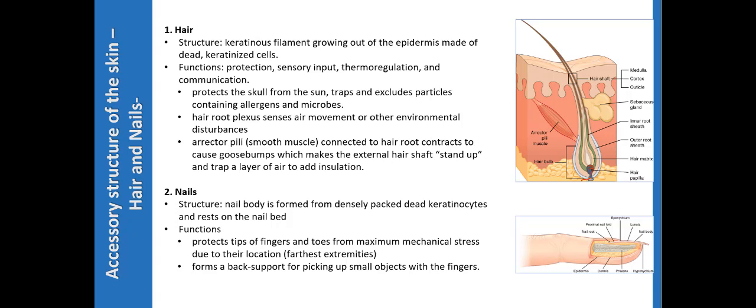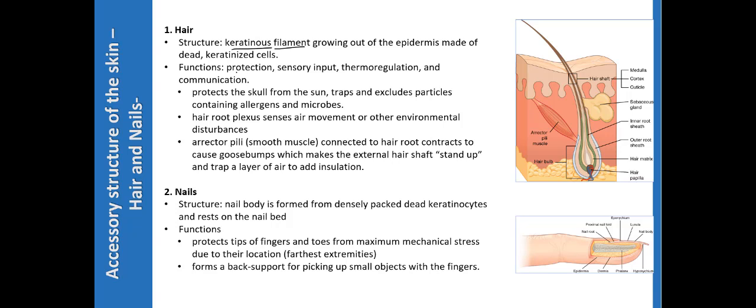I'm going to talk next about a couple of accessory structures that are found in the skin: hair and nails. So a hair that's found in the skin consists of filaments that are filled with keratin growing out of the epidermis, right?